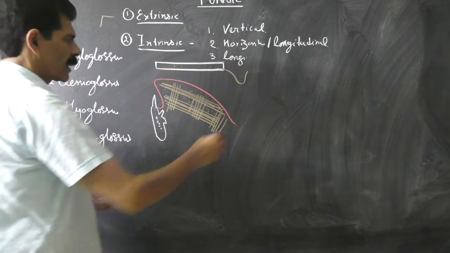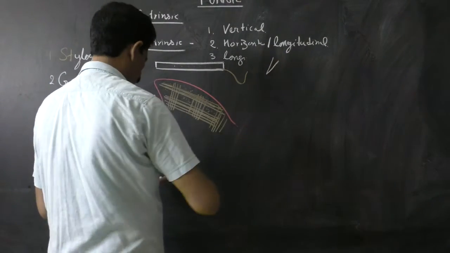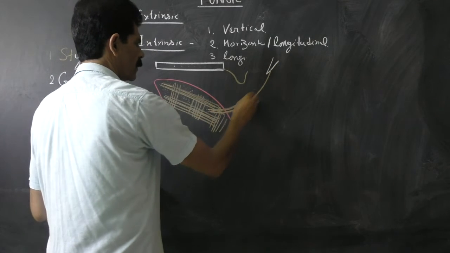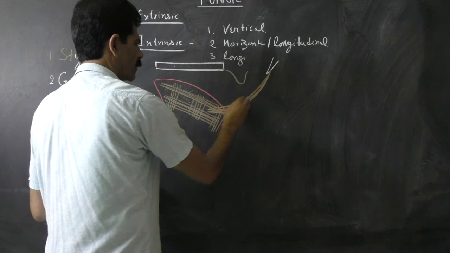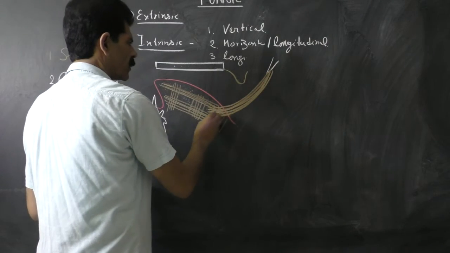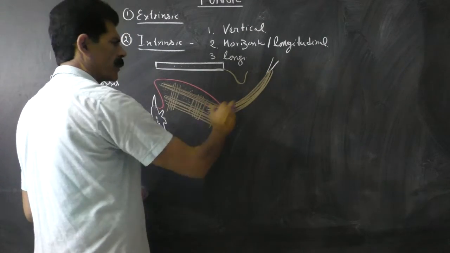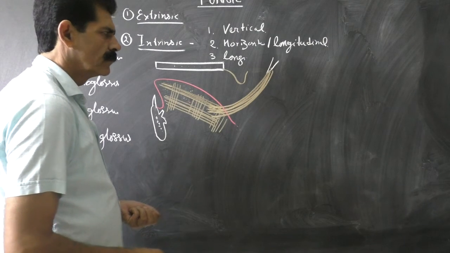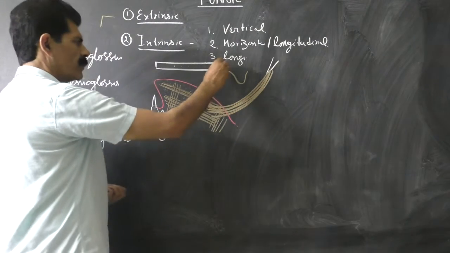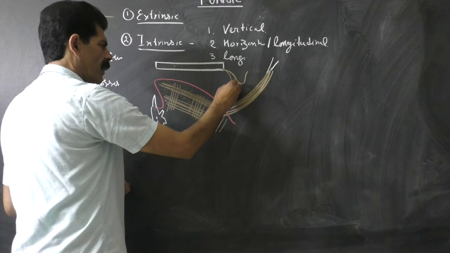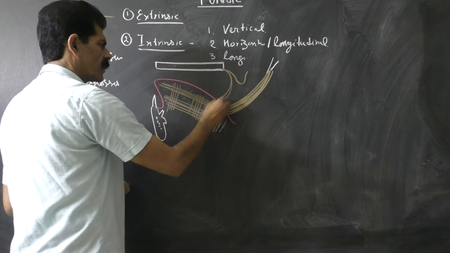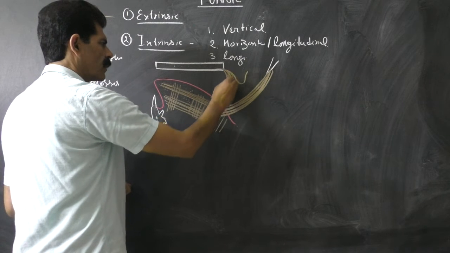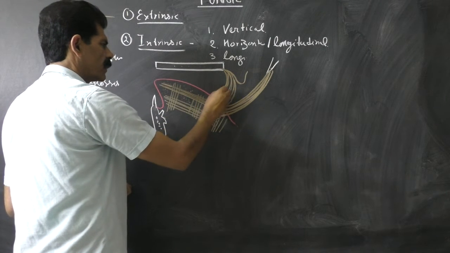Styloglossus, as the name suggests, takes origin from the styloid process, and it is inserted near the base of the tongue. The contraction of this muscle brings the upward and backward movement of the tongue. Then from the hard palate and palatal aponeurosis, a muscle also takes origin which comes downward to be inserted on the posterior part of the lateral surface of the tongue.